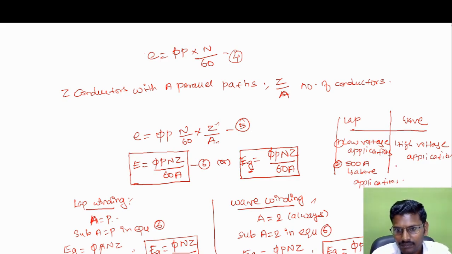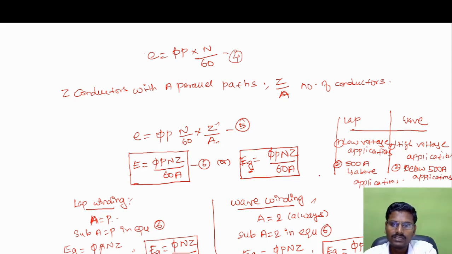And here wave winding category generators can be used for below 500 amps applications ratings, right? So these are the two major conclusions from wave winding and lap winding category of DC generator, right?